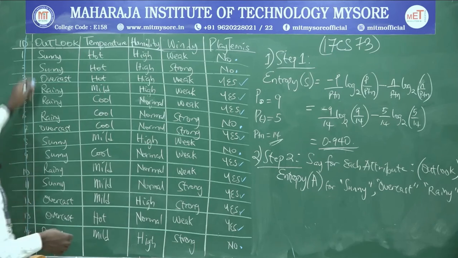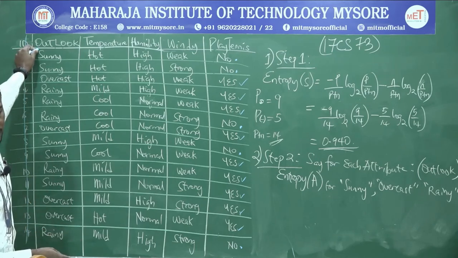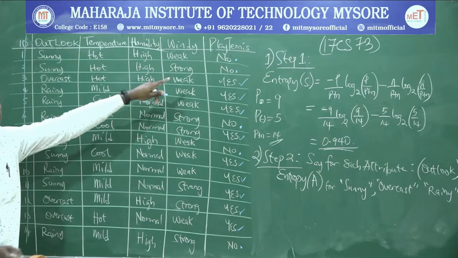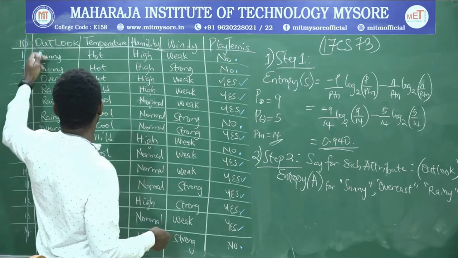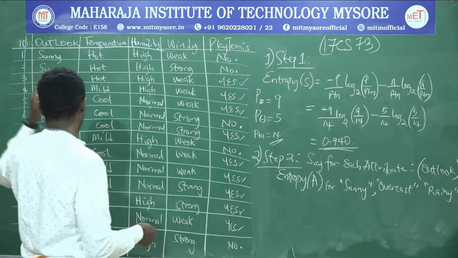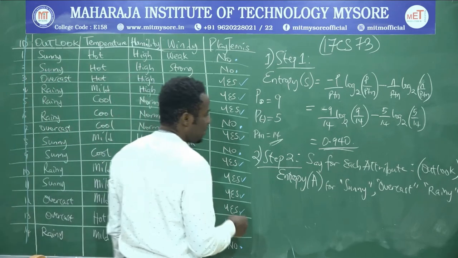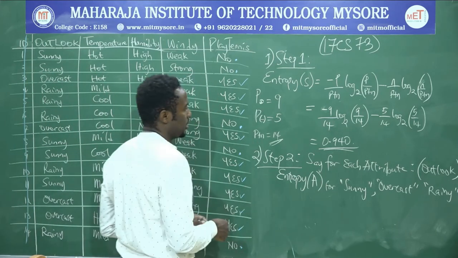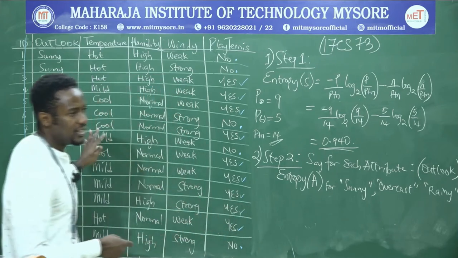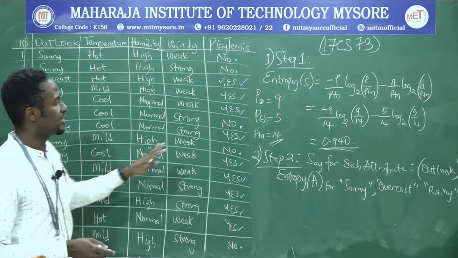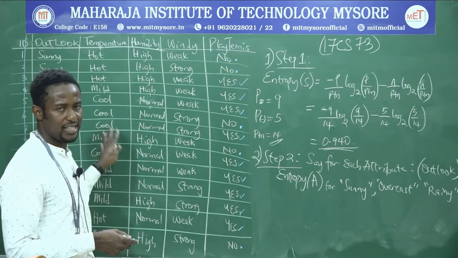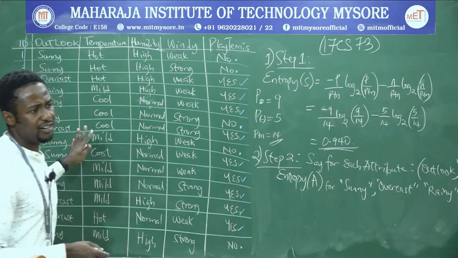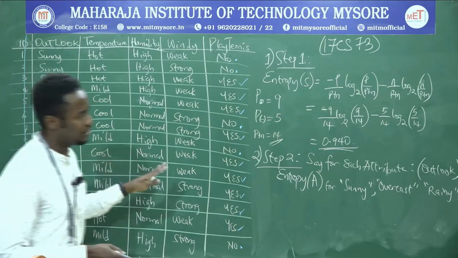Here we take Outlook as a column against Play Tennis as our predictor. So we have sunny, rainy, and overcast. Let me fit it in here before I wipe the board. I hope you've taken this table, because after this session I'm going to wipe this and start another session. Please take this down and walk along with us.